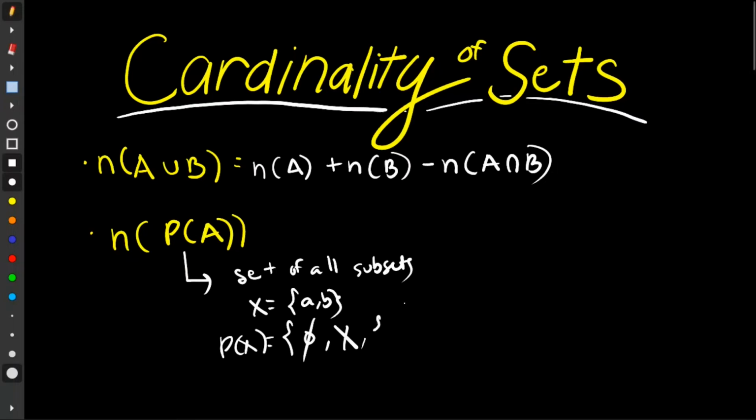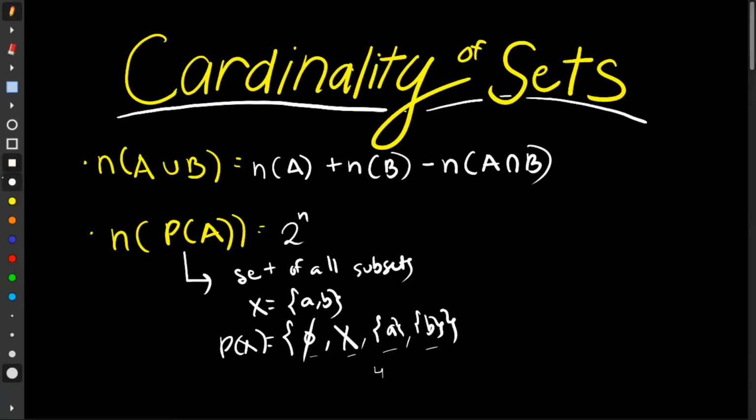We also have the set containing only a and the set containing only b. So as you can notice here, we have 1, 2, 3, 4 elements. The reason is that the formula for the cardinality of the power set is 2 raised to n, where n is the cardinality of the set A. So for this case, there are 2 elements, so 2 raised to 2 is 4.